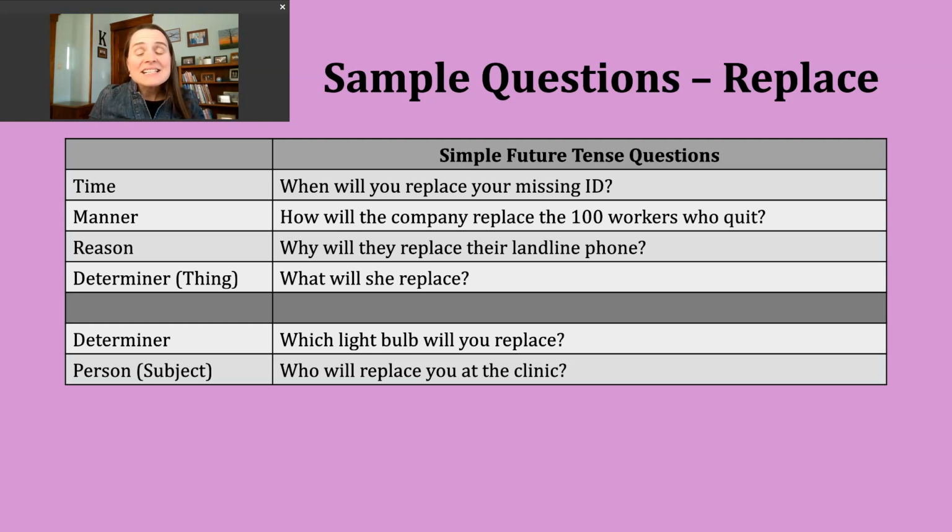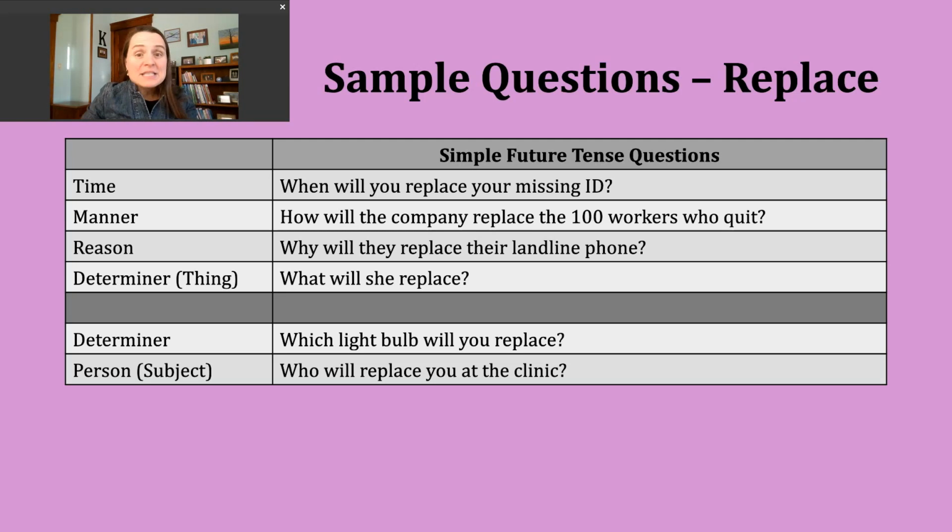Okay? The last type of question we're going to discuss today is a question about a person. Right? So what makes this a little bit different is our question word who, W-H-O, is both a question word and the subject many times. So there's no other subject for us to include.